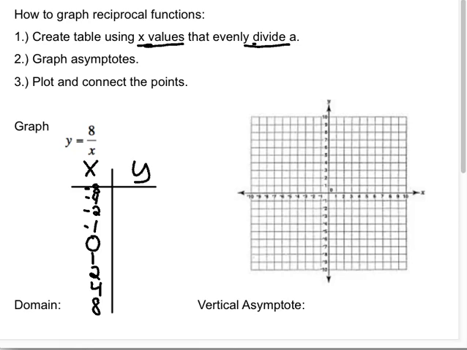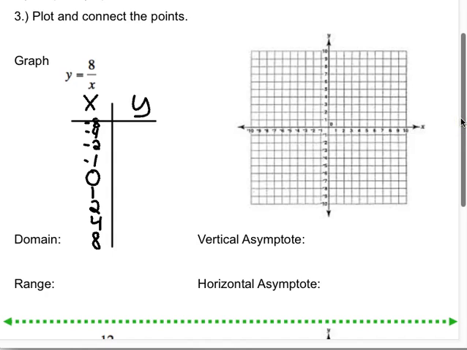Once you identify all the numbers that divide that a value, now we can calculate the y's that go with them. Okay, now think about 0 here. 8 divided by 0 is an undefined value. That undefined value is actually because that is where the asymptote is.